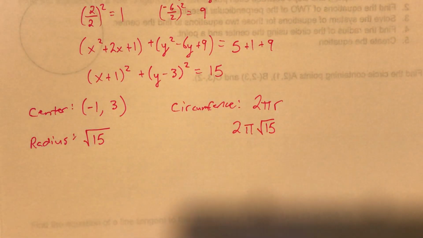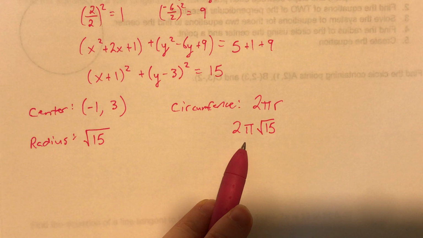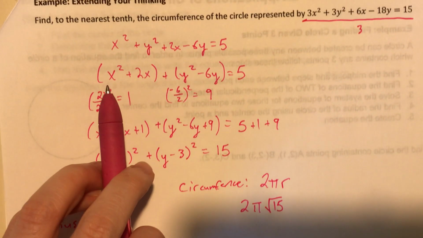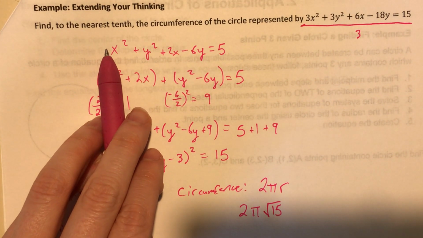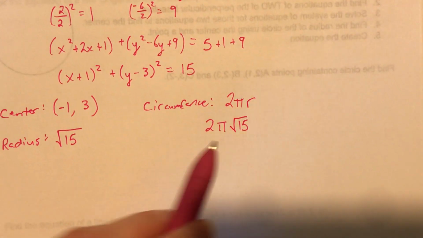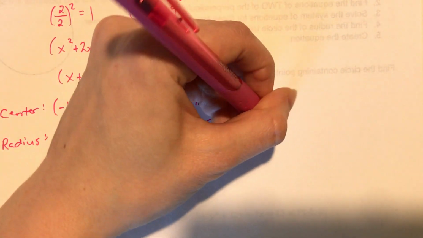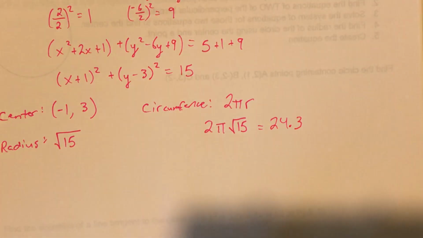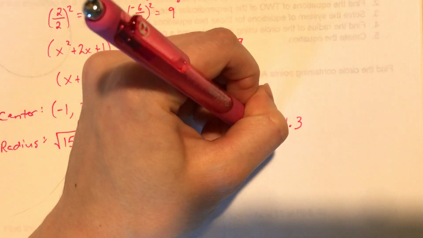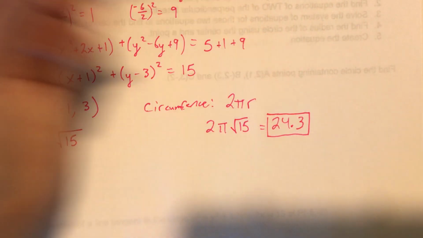And we could leave it like that if we were asked for an exact answer, but we have been asked to find the answer to the nearest tenth. So if you plug this into your calculator, you will get 24.3, and that's going to be your circumference of this circle.